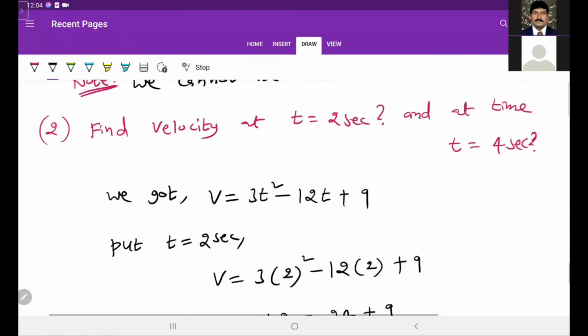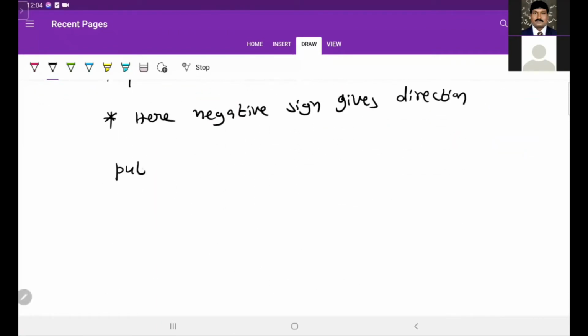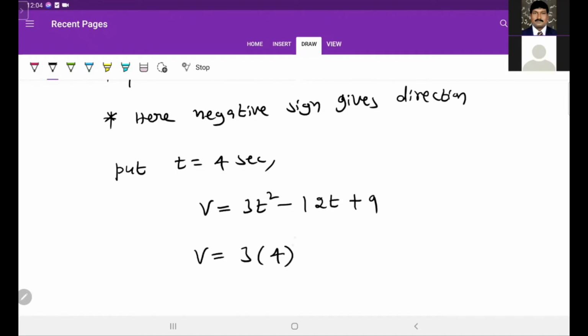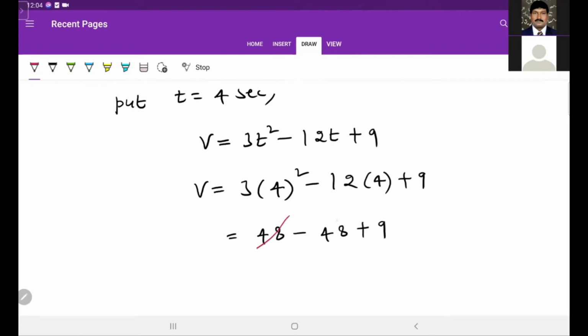Similarly, find velocity at time t equal to 4 seconds. Put time t equal to 4 seconds in the velocity equation, 3t square minus 12t plus 9. So we get 3 times 4 square minus 12 into 4 plus 9, which is 48 minus 48 plus 9. 48 gets cancelled.